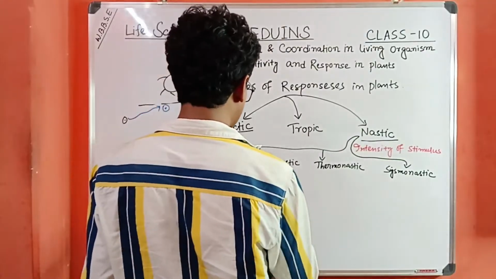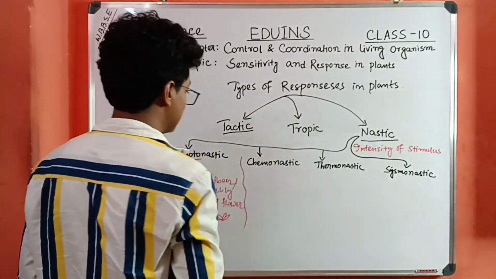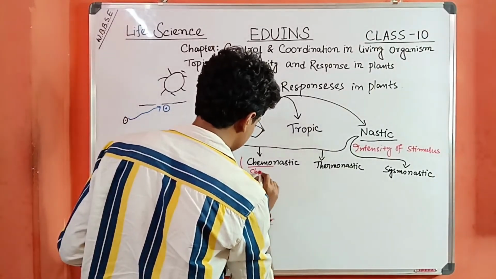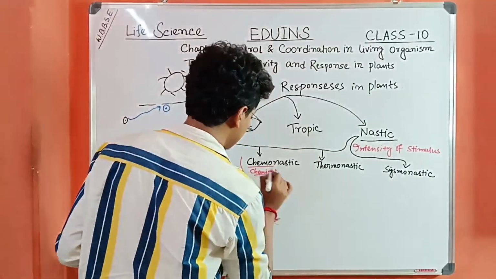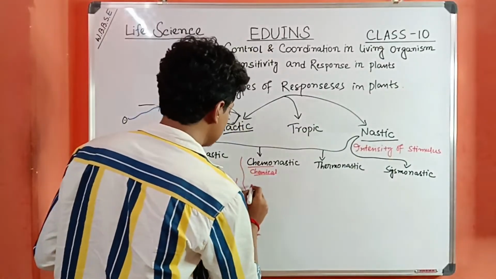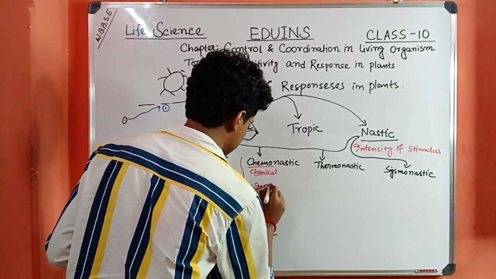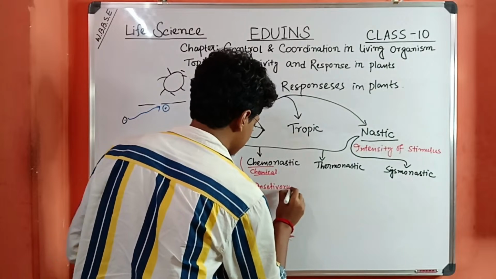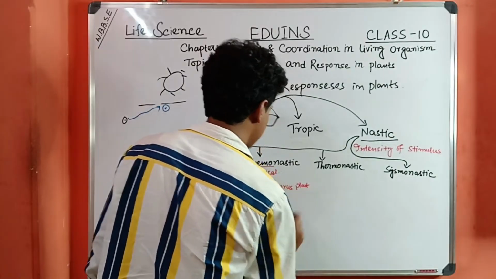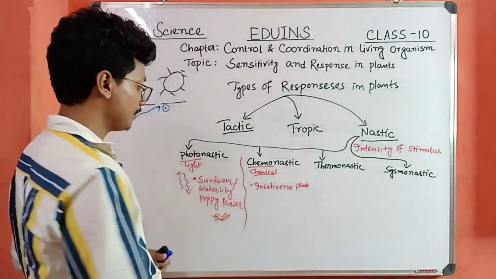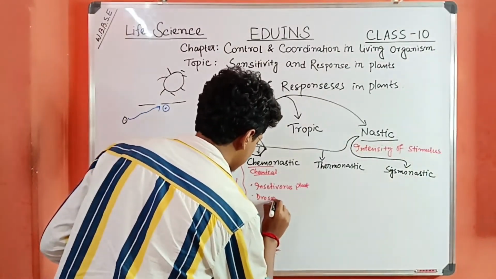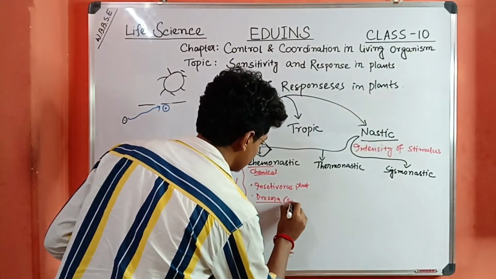Okay, next, the chemonastic. Chemonastic means the chemical. What chemical? If we take some example, that is insectivorous plants. What they do in insectivorous plants, some examples like Drosera or sundew.